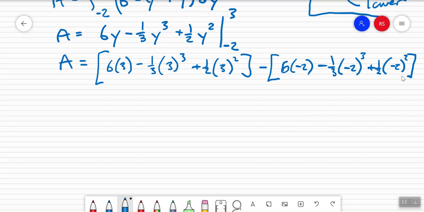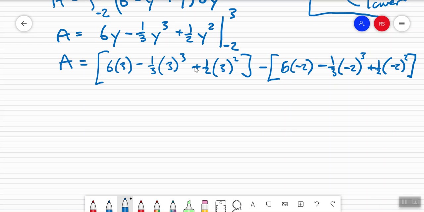Now, you can also do this in Desmos. You can just set up your antiderivative right here, put that into Desmos, and then just evaluate these two functions at these two different values, and it would be very, very simple. But I'm just going through the mechanics of what you're actually doing here.